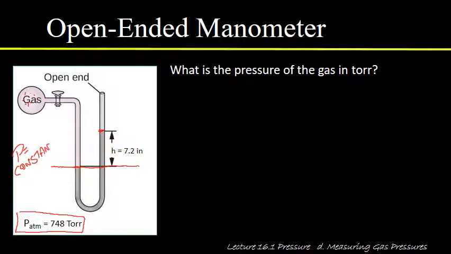So that means pressure on the left is equal to the pressure on the right, okay? And this time, if we look at the left side, there's only one thing on the left, and that's the pressure of the gas, right?